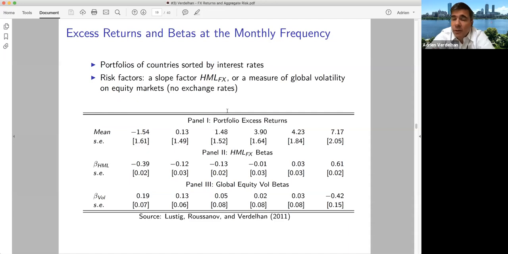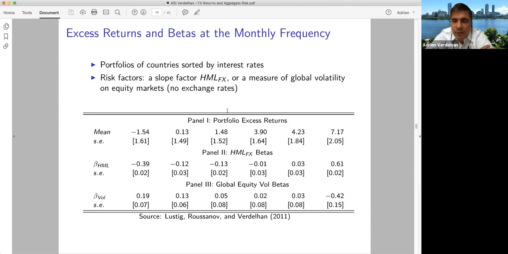So let me show you what I think is an even more convincing experiment. Let's build now a risk factor without using any exchange rates. So the way we're going to do this, we're just going to look at volatility on equity markets, with this idea that when volatility is high, maybe you can talk about uncertainty. When volatility is high, these are pretty bad times.